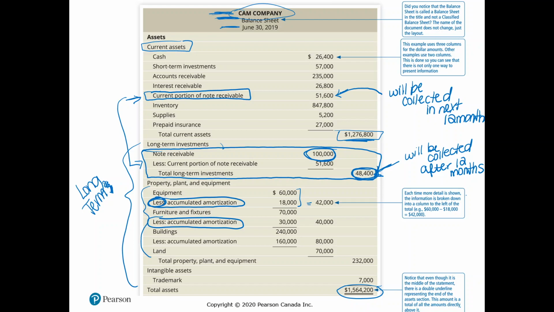And this shows why we needed to have a specific account for accumulated amortization for equipment, and why we had one for furniture. Because then we can pull the balance for each of these assets and show it separately on the balance sheet to get to the net amount for each of these.